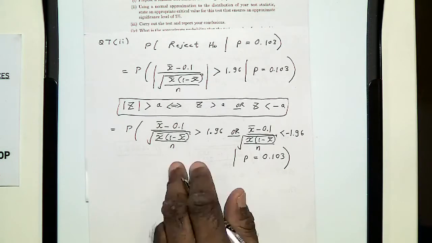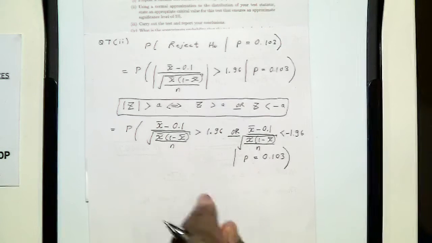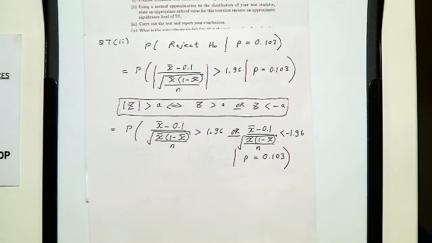Now these two events are mutually exclusive. In other words, they cannot occur at the same time. That's what mutually exclusive means. I'm sure you did this in probability 1 last semester.